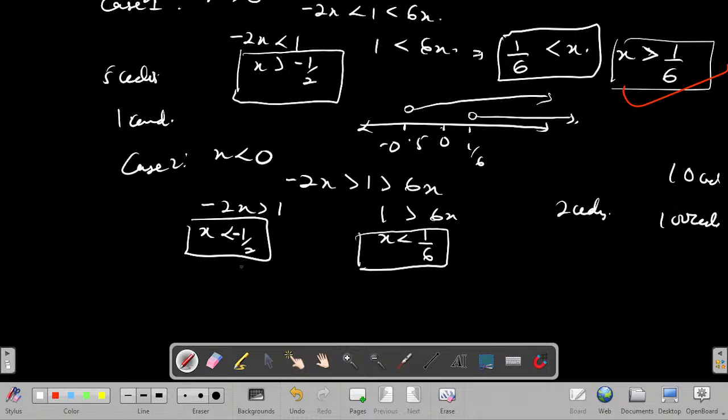So here you say that x less than negative half, it makes more sense or is correct because this can be found here. Therefore, our answer to our absolute value problem is simply x greater than 1 over 6 or x less than negative half.